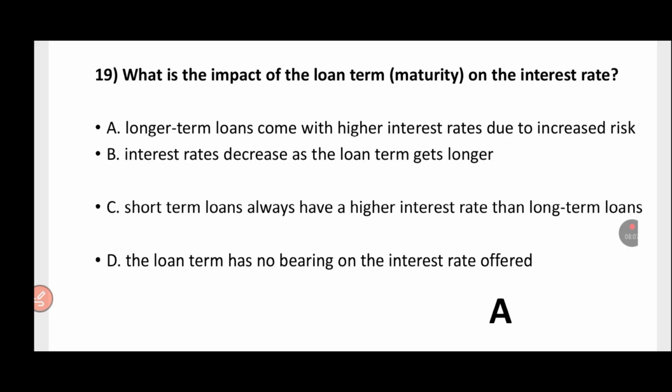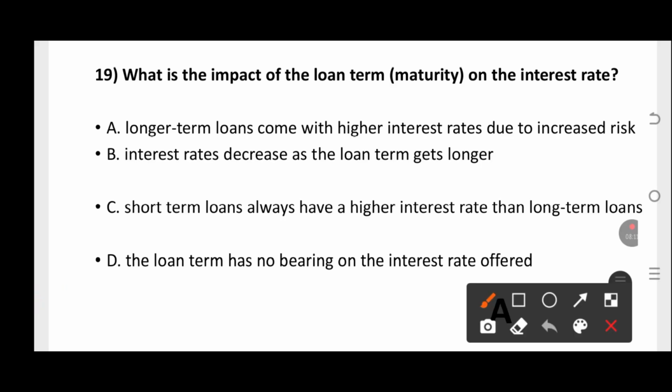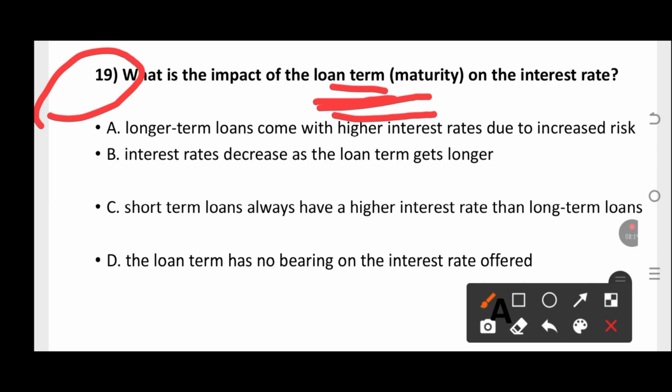Okay, ladies and gentlemen, let's continue to the 19th question. What does it say? What is the impact of loan term or maturity on the interest rate? A. Longer term loans come with higher interest rates due to increased risk.